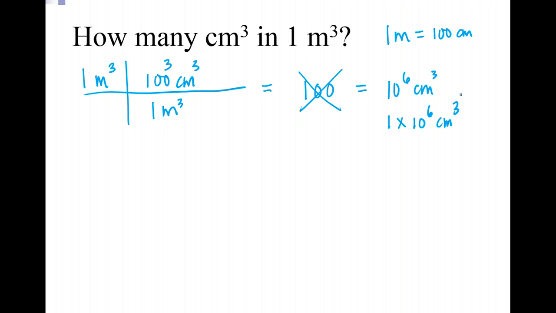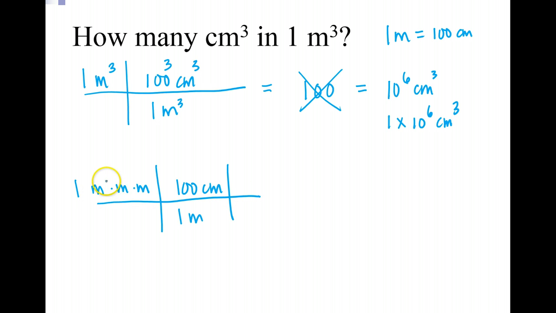Another way to work with cubed units is, instead of writing the unit as just the cube, to expand cubic meter to be meters times meters times meters. Then if we use our conversion factor that 1 meter is 100 centimeters, when we write that, that will only take care of one of our meter measurements.